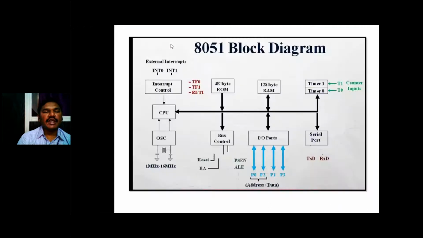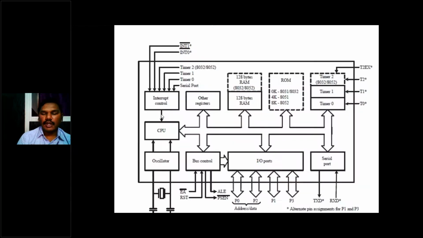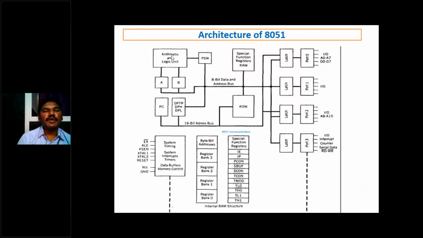In this diagram, the ALU, the A register called the accumulator, the B register called the base register, the program counter, and the PSW together are called the CPU. PSW stands for program status word, the same as our flag register. Program status word means that after executing the program, the status of the operation is known by the PSW.